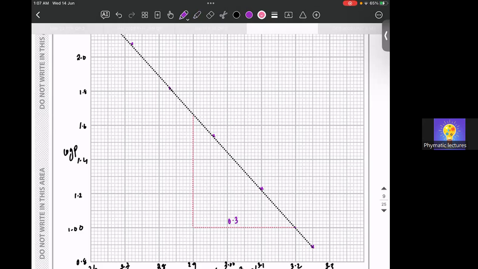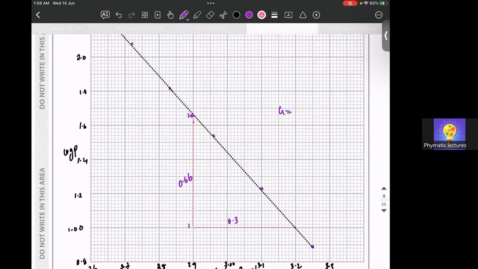It's 0.3, and this value is 1, and this is 1.66. So take the difference, 0.66.